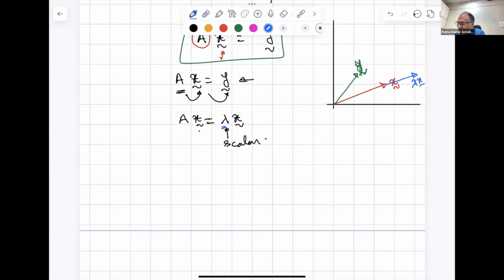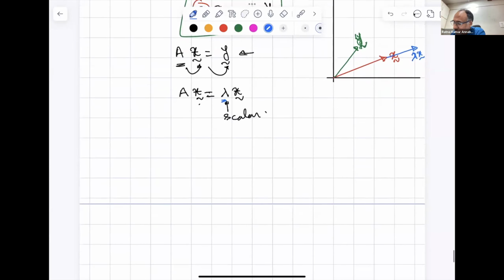That means the matrix A is operating on vector X in such a way that the direction of the vector is not changed, but the vector is only either stretched or contracted. If lambda is greater than 1, then X is stretched. If lambda is less than 1, then X is contracted. That means the magnitude of the vector alone is changing, but the direction is not changing.